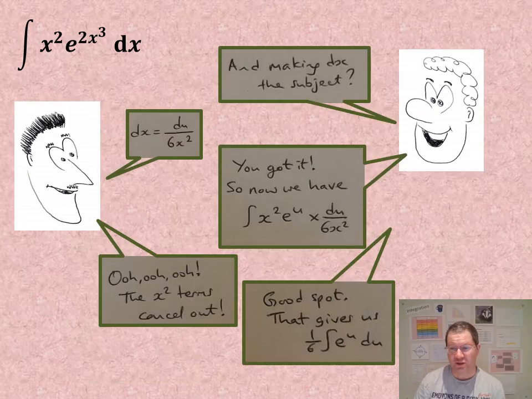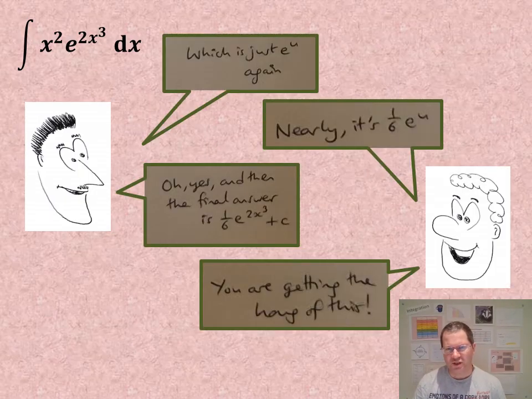And making dx the subject, dx = du over 6x squared.